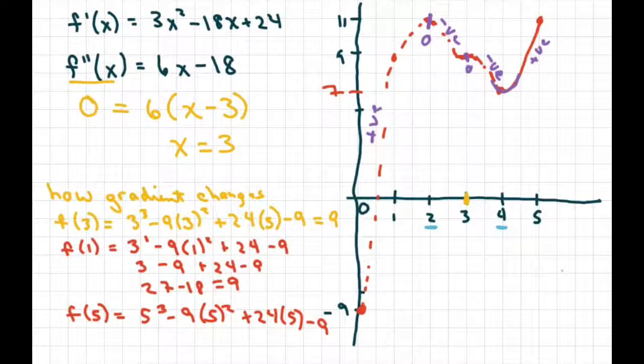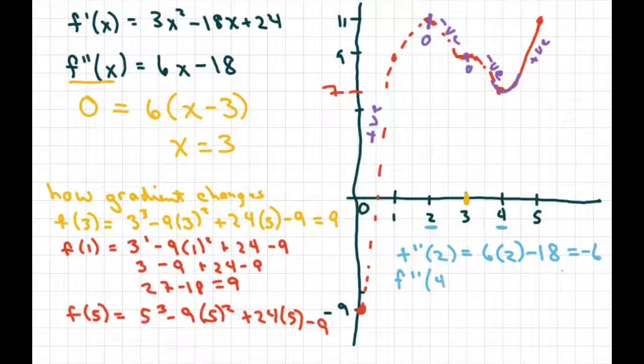So when you plug in the points in your second derivative, I'm going to do it right here. You get 6 times 2 minus 18, and that's going to equal negative 6. And then plug in your 4. That's going to be 6 times 4 minus 18 equals 6.